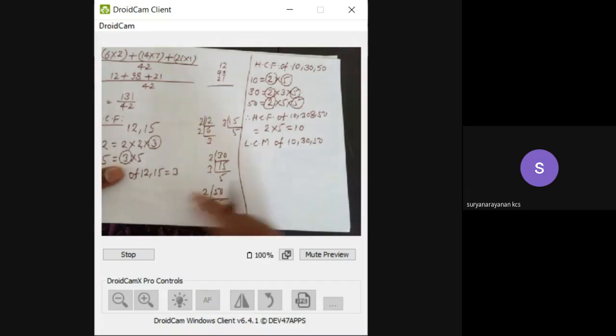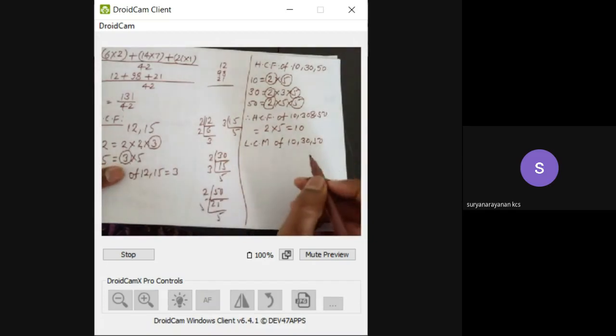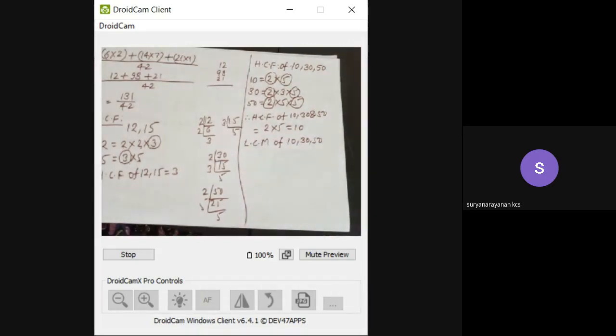Can you find LCM of 10, 30 and 50 by division method? For the same three numbers, 10, 30 and 50. Will you find LCM of these three numbers? Try this.